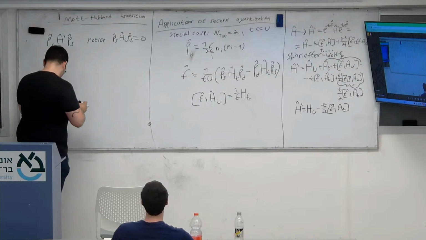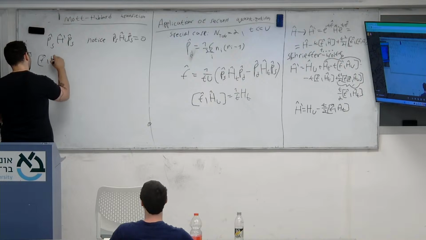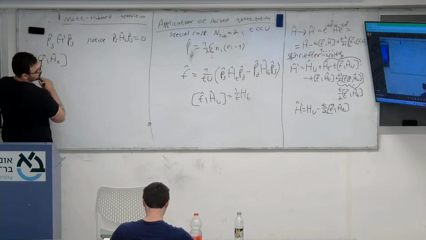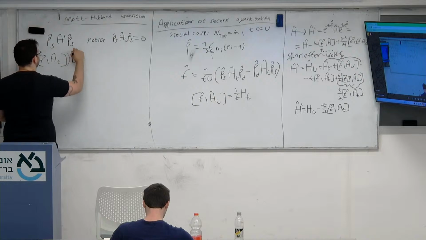So we are only left with F H_T times minus T divided by 2, and all of this between P_S.